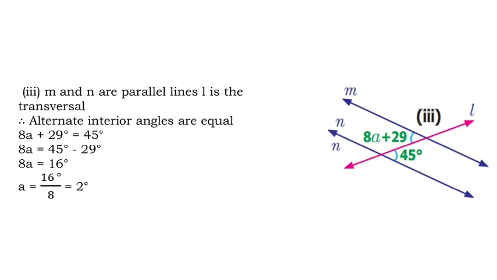Therefore, 8A is equal to 45 degrees minus 29 degrees. 8A is equal to 16 degrees. A is equal to 16 divided by 8. 16 is divisible by 8 2 times. So therefore, the value of angle A is 2 degrees.